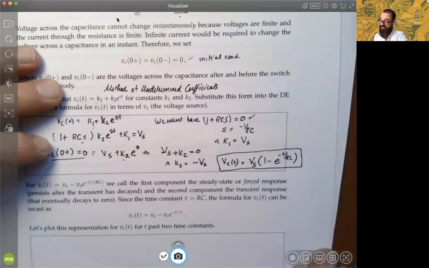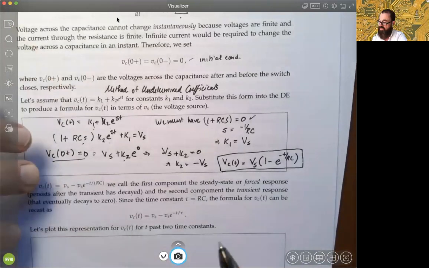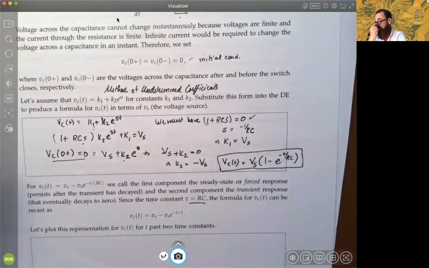Then we can look at it from the perspective of time constants. Again, the time constant is RC, and maybe we'll draw this curve to get a realization of what happens to the voltage, at least after two time constants.